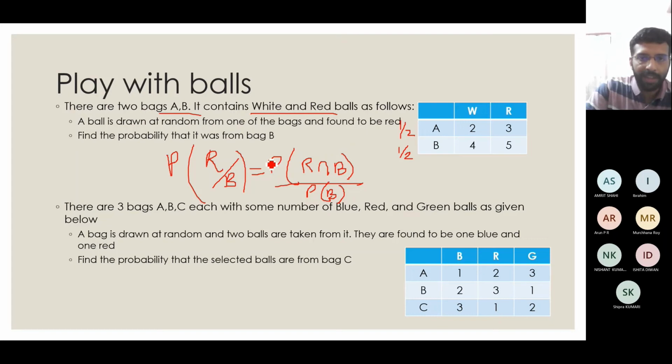So the probability that I take either bag 1 or bag 2 is 1 by 2. Suppose I took the bag B. In that I have 9 balls, so the probability that I take a red ball from it is 5 by 9, right?